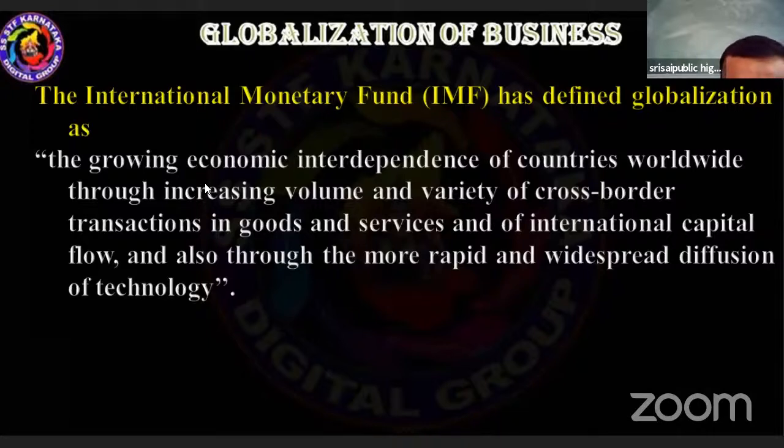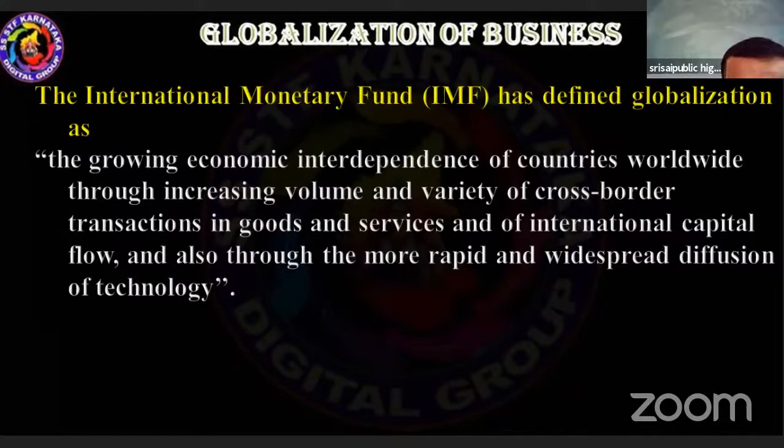We depend upon each other, between India and Sri Lanka, India and Arab countries, India and America, to fulfill our desires and needs, or to get our goods and services from countries worldwide.